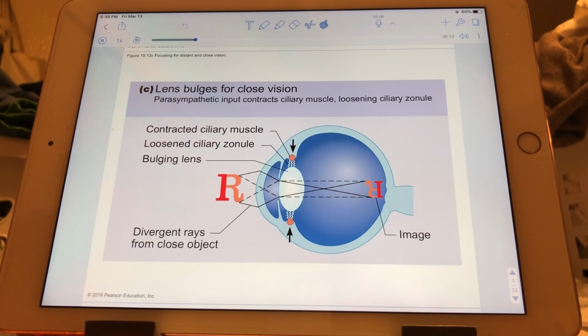And so being magic and lively, it stands up, and the strings that are attached to it are now nice and loose. In other words, the ciliary muscle or body contracts or stands up and allows the ciliary zonules to be quite loose, and therefore allows the lens to bulge. Okay.